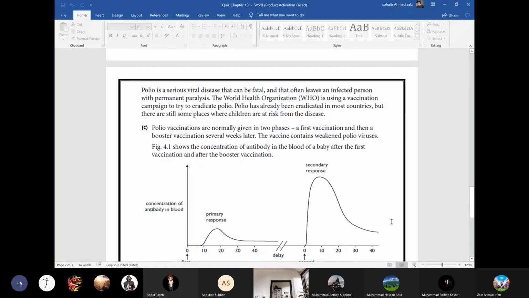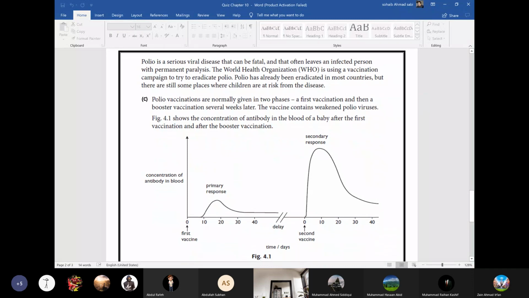Next question was, polio is a serious viral disease that can be fatal and that often leaves an infected person with permanent paralysis. The World Health Organization is using a vaccination campaign to try to eradicate polio. Now, let me tell you what actually happens in polio.